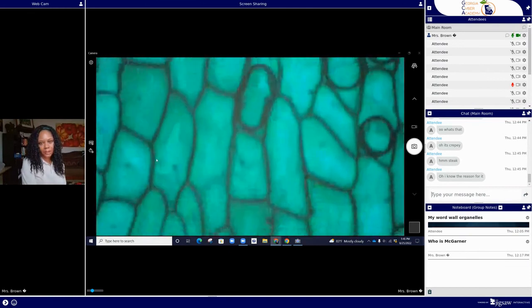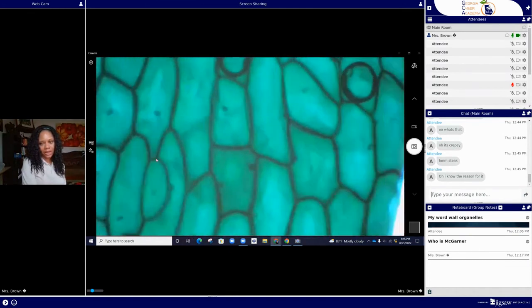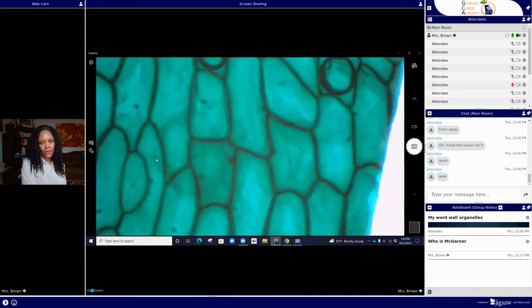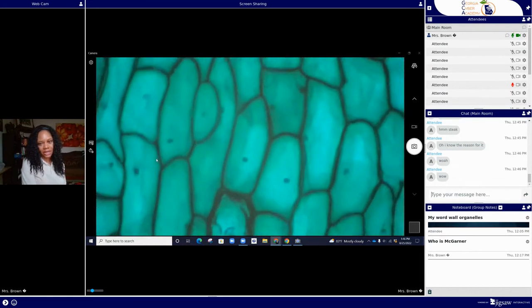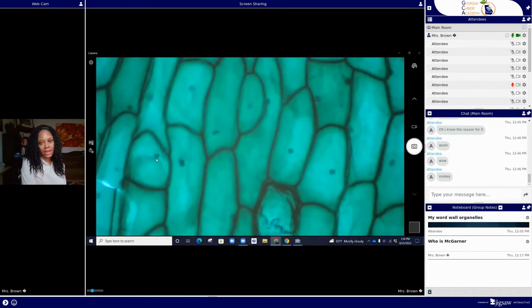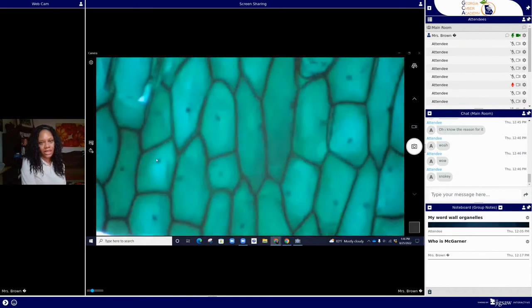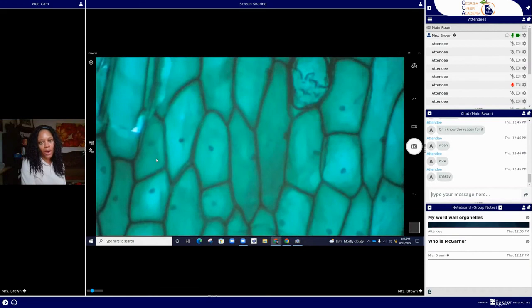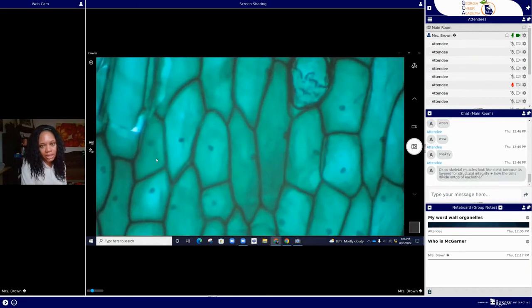This was the cells that you saw on my YouTube channel. Now these had to be stained this way because onion cells are clear and they have to be stained so you can see them. So you can clearly see the cell wall and you can clearly see the nucleus in these.